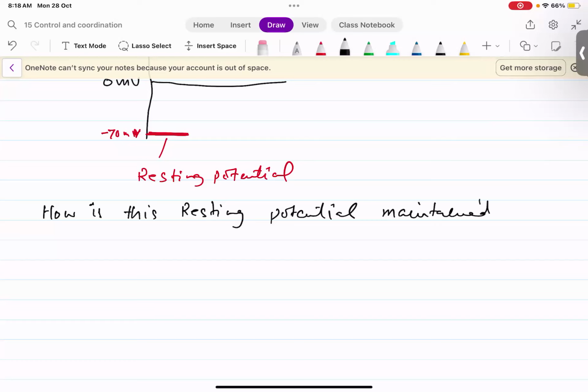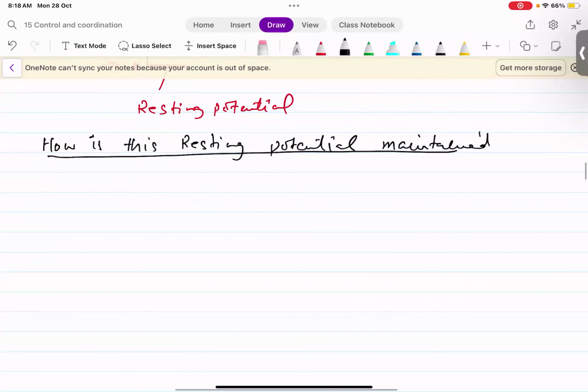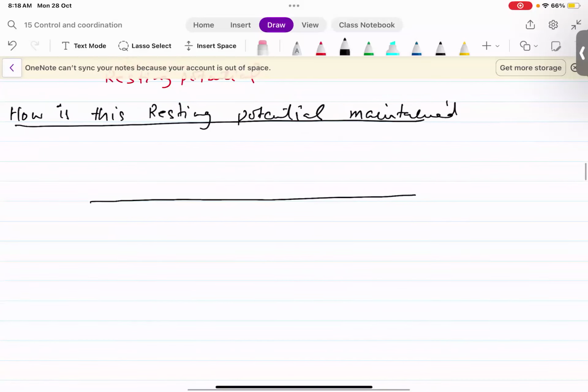To understand this, let's see. I draw an axon again. This is the inside and this is the outside of an axon, and it has myelin sheath present here, here, here, and here.